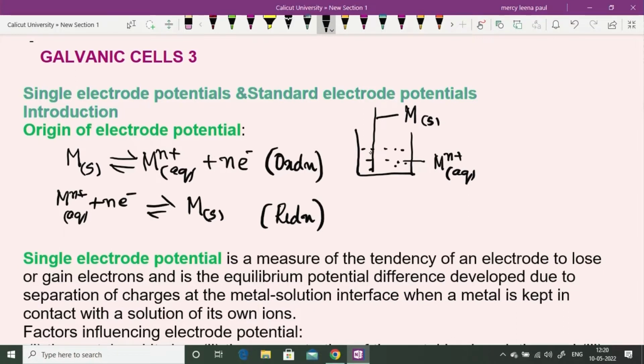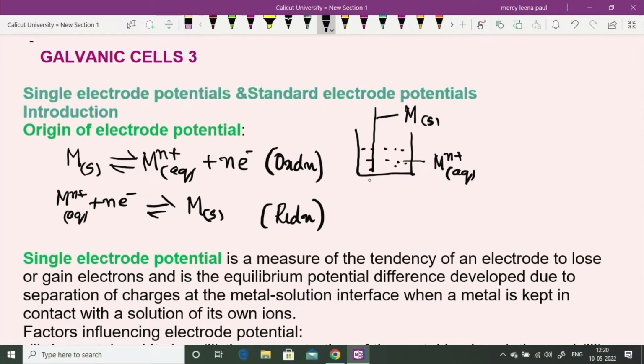Now, let us consider the case here. The metal is going into solution as Mn+, and Mn+ ions also get deposited on the metal. So, there are chances for two reactions to take place, and finally some metal ions originate from the metal into the solution and some metal ions get deposited.